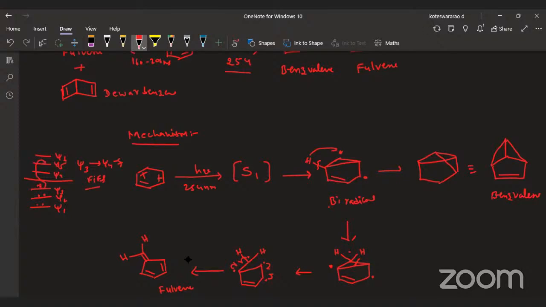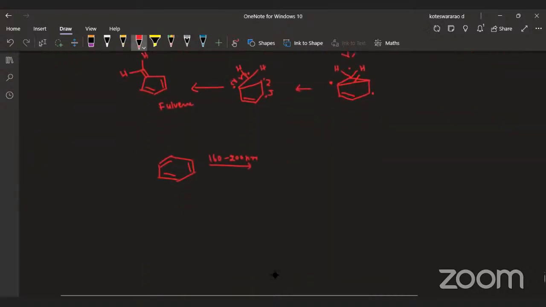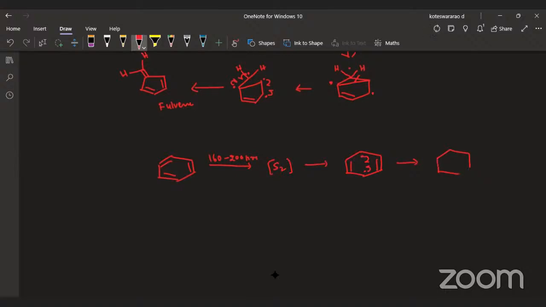This is called the upper excited state, S2. That S2 is responsible for the formation of a biradical. That biradical is formed like this. This biradical system further undergoes bond formation between these two carbons. Then it leads to the formation of Dewar benzene.